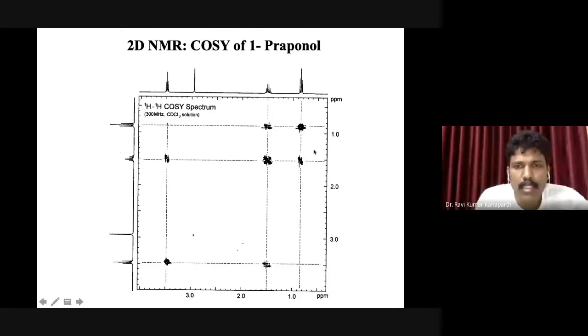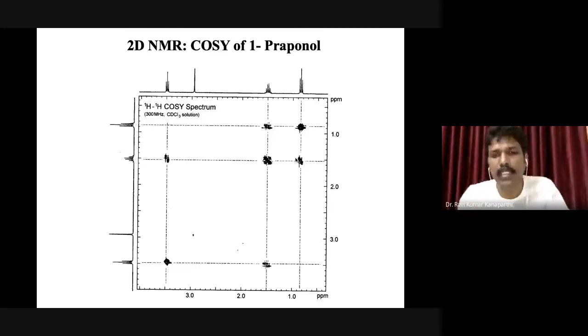These are very much symmetric, so you need not worry about this. This is symmetric with respect to the diagonal line, so you can use the cross peaks on either side. You need not take both. Only one information you can take and interpret the data.